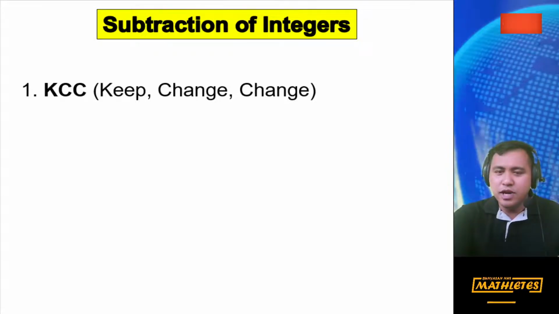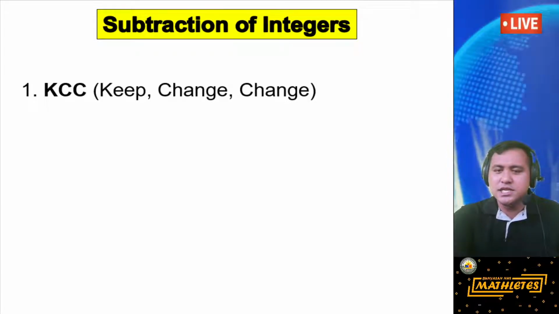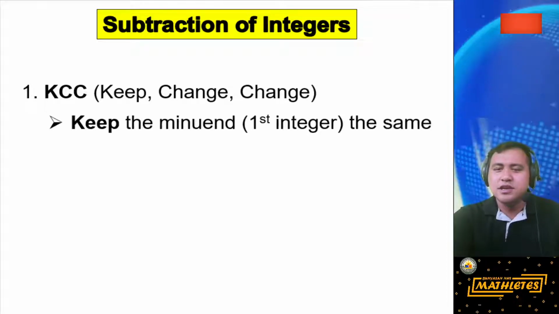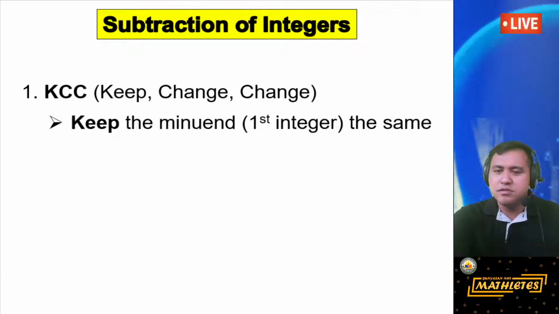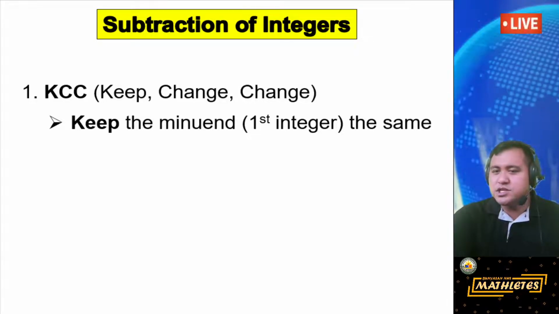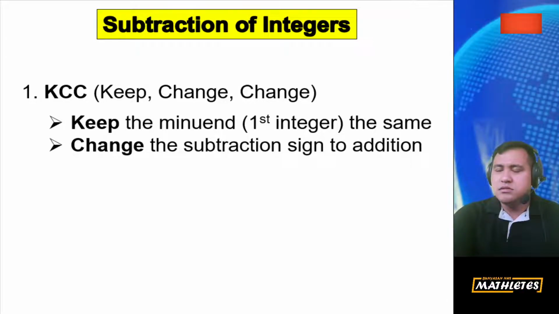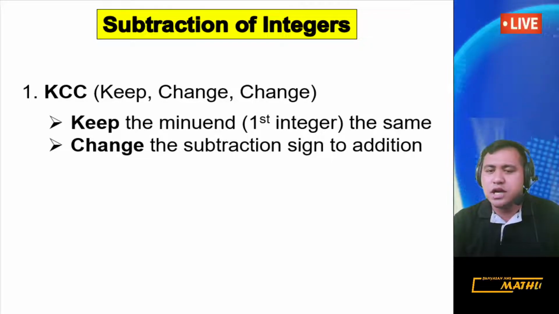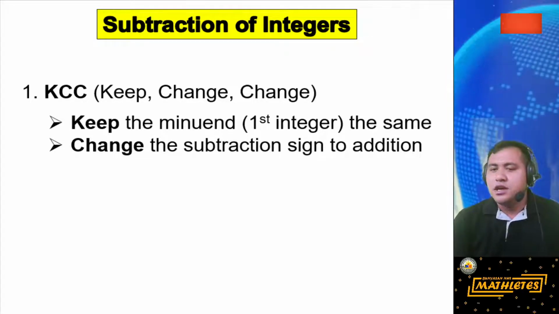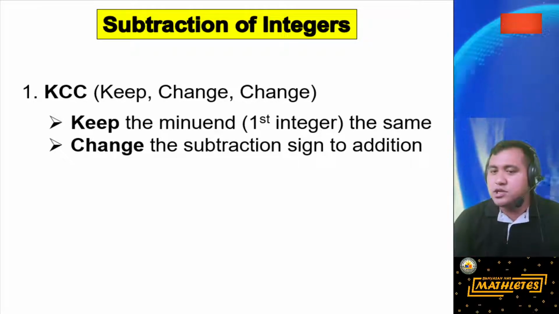So these are the rulings. One is KCC, or keep, change, change. K means keep the minuend as is, the first integer. Then change the subtraction sign to addition. So from subtraction, change to addition.